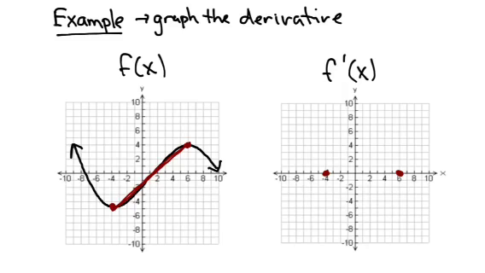So meaning, maybe right here the slope of the tangent line is 0, and then right here it's a little bit closer to 1. It looks like the farther away I get, the more close it gets to 1. So it looks like that's going to drop down a little bit, and then by the time I get here to right in this area, it looks like that slope of the tangent line's pretty much, whoops, I shouldn't have dropped down, I should have gone up towards 1, because remember, it's a positive slope.